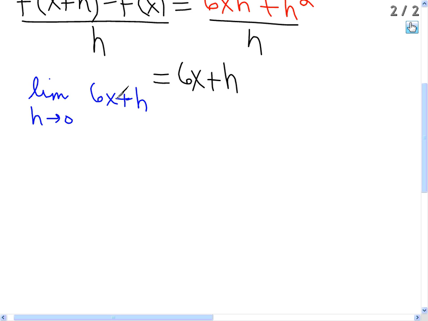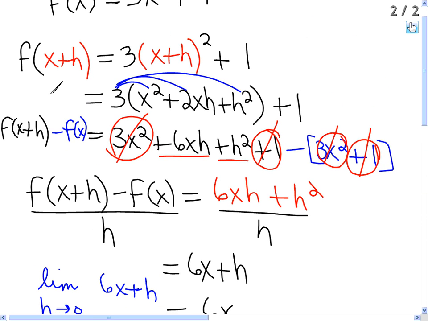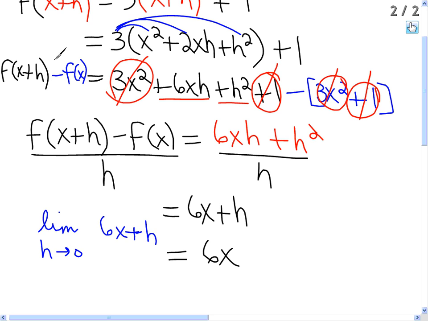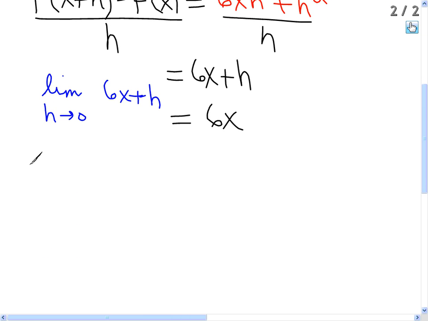So if I let h equal 0, I'm left with just 6x. So the derivative of the function that we had earlier, which was 3x squared plus 1, at any given point, the slope of the tangent line, which we know is the derivative, is equal to 6x.